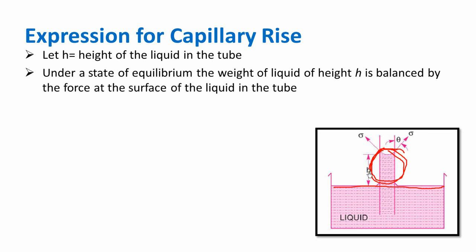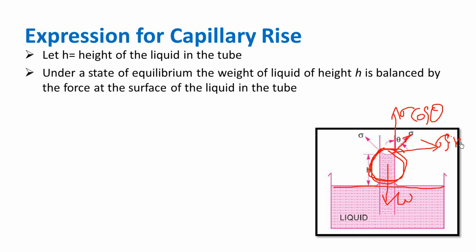Because of this height, the weight W is acting in the downward direction. This weight is balanced by the surface force, which makes a theta angle with the container. We have a vertical component, which is given as sigma cos theta.